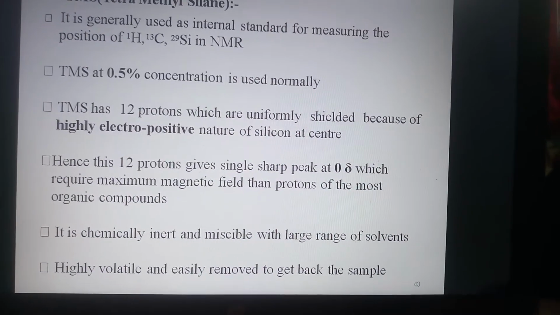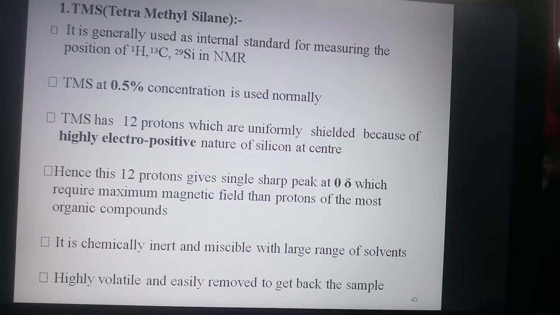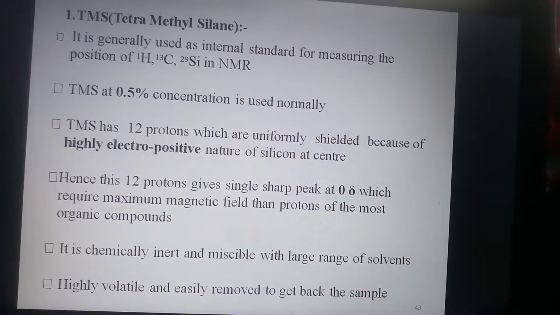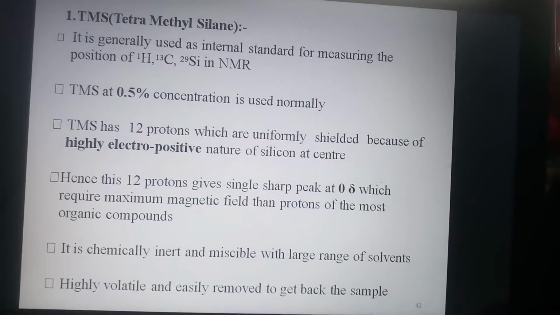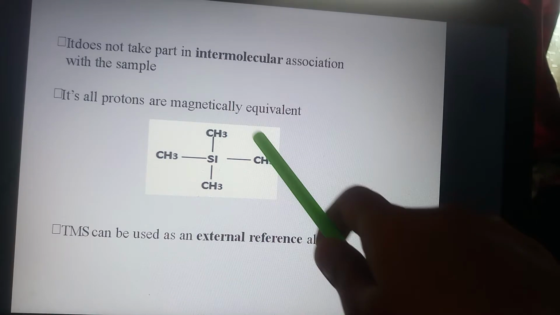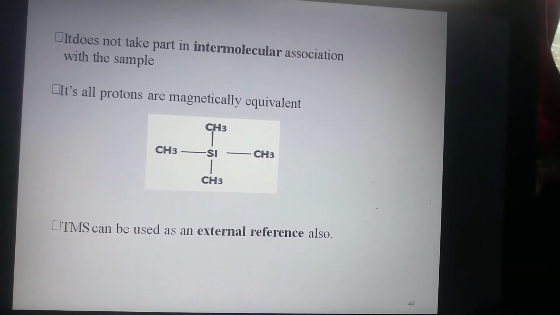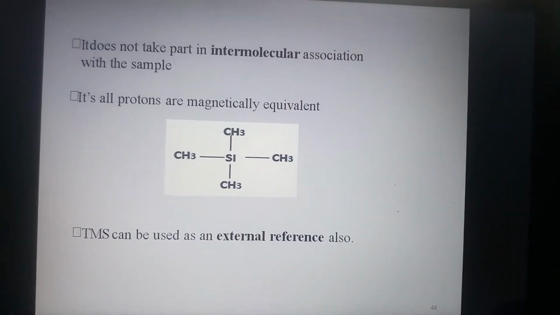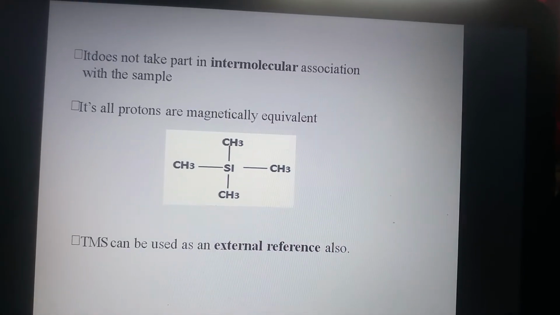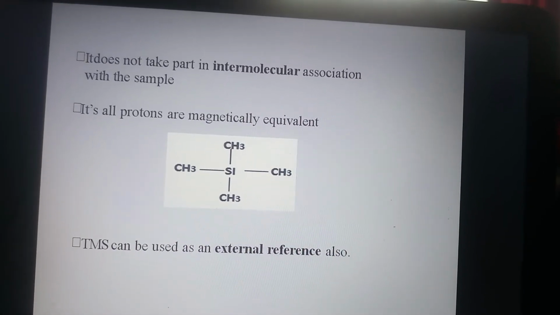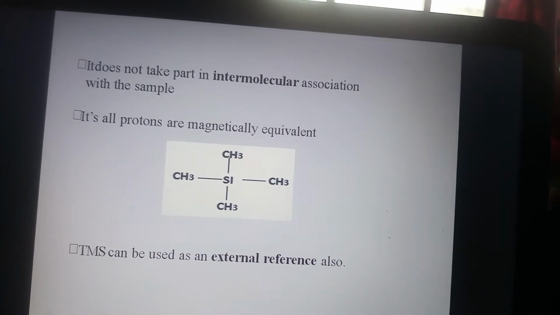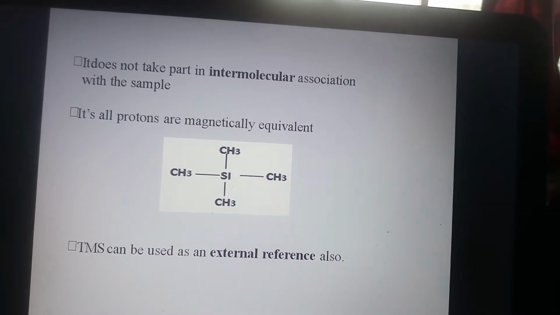It is chemically inert, miscible with a large range of solvents, highly volatile and easily removed to get back the sample. This is the structure of TMS. It does not take part in intermolecular association with the sample. All its protons are magnetically equivalent. So TMS can be used as a reference.